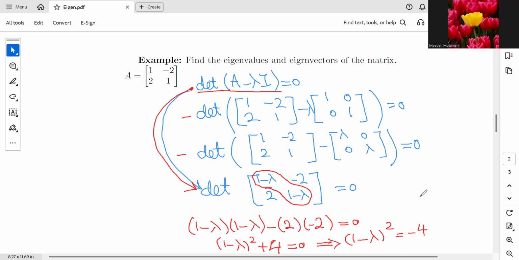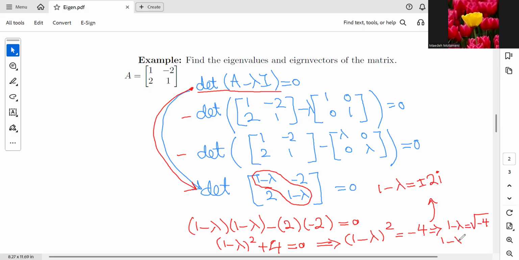complex numbers. So from here, 1 minus lambda would be plus or minus 2 times i, because if you don't remember, I can write it as 1 minus lambda equals square root of negative 4.